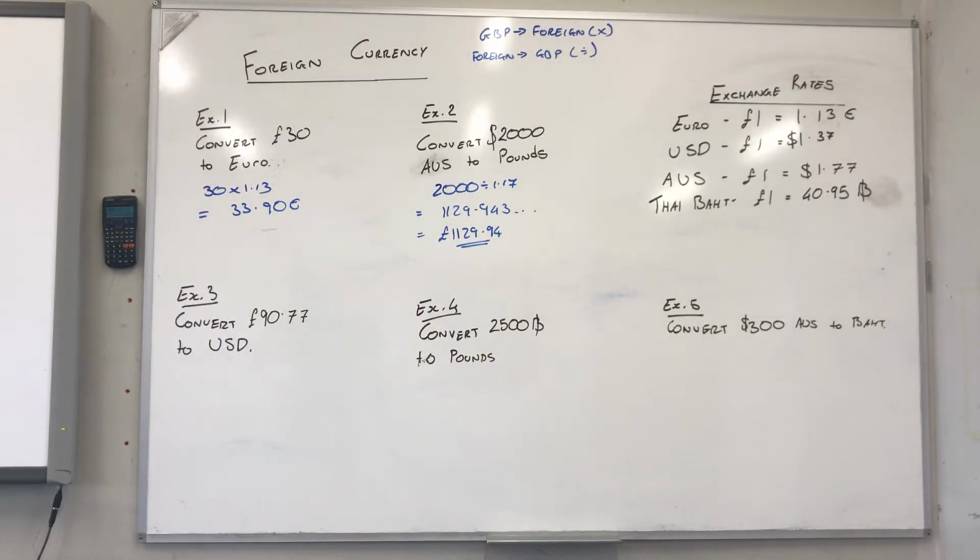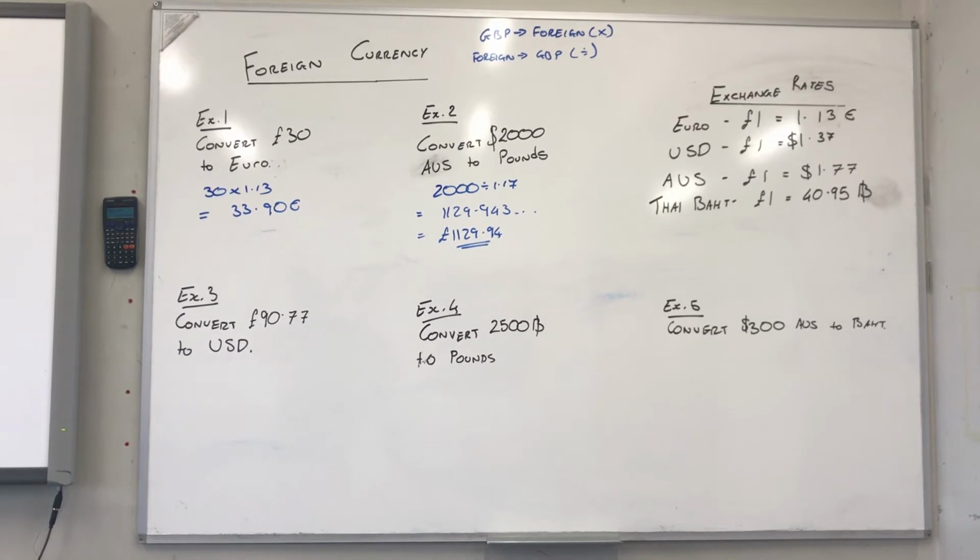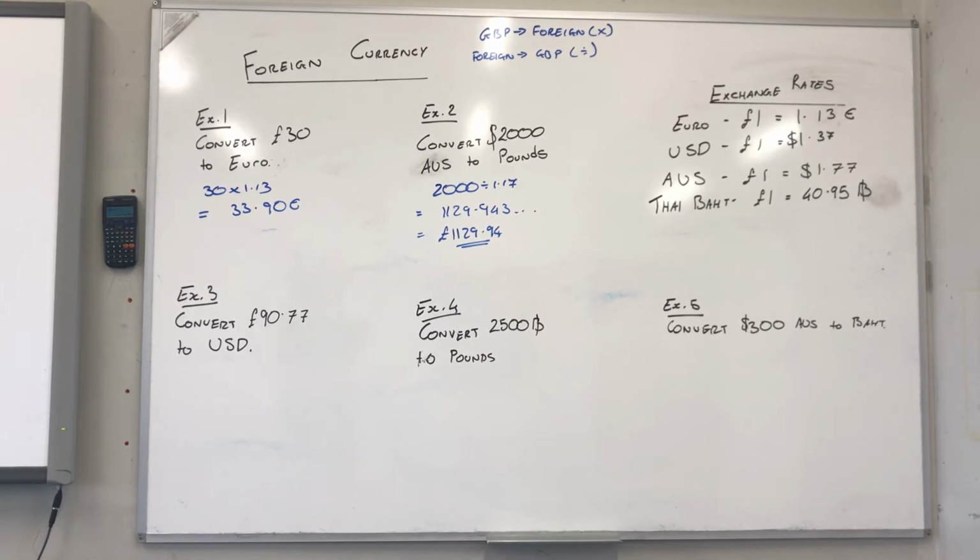First of all, I did that, and I got 1129.943 in a big long decimal. That one has two decimal places, so I only looked at the third decimal place, it's a 3, so I round down, so I get £1,129.94.